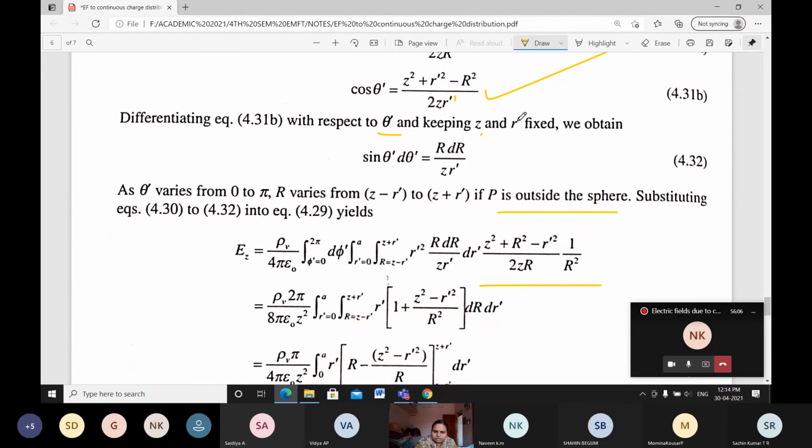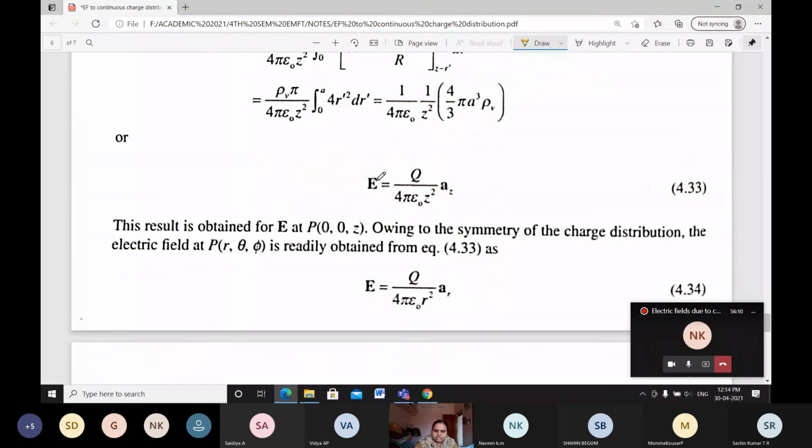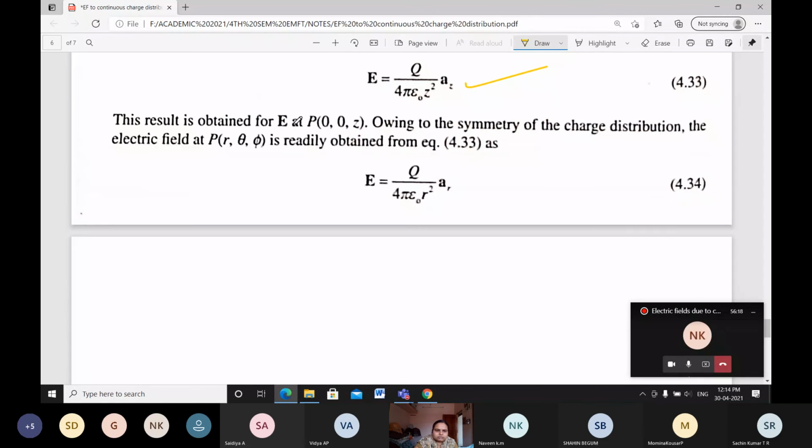You just substitute the values and go on solving. Then you will get E equal to Q divided by 4 pi epsilon naught z square into az.